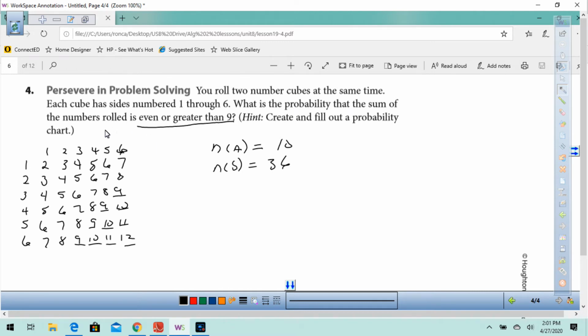What is the probability the sum of the numbers rolled is even or greater than 9? All right. So we have the probability that x is greater than or equal to 9, and that would give you 10 over 36. 2 goes in that 5, 2 goes in that 18.